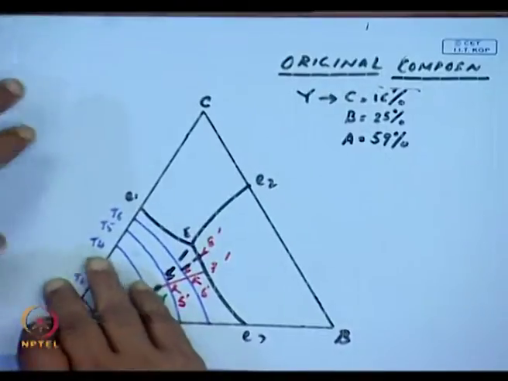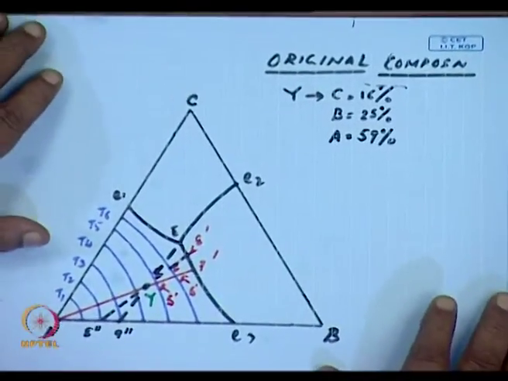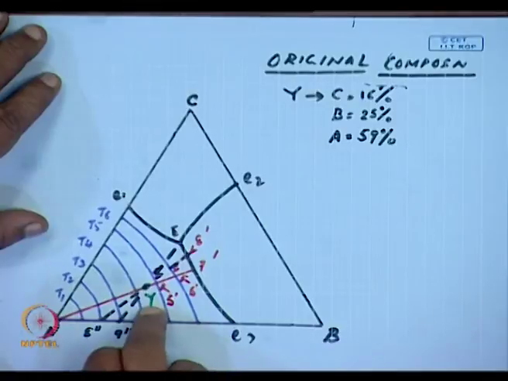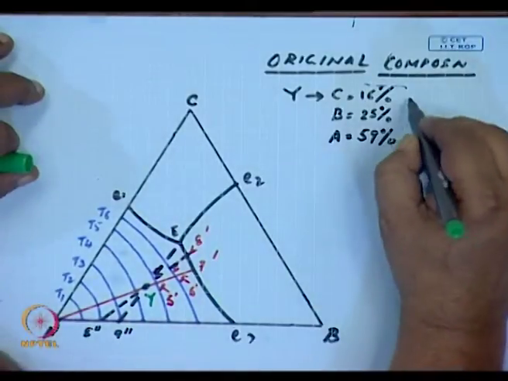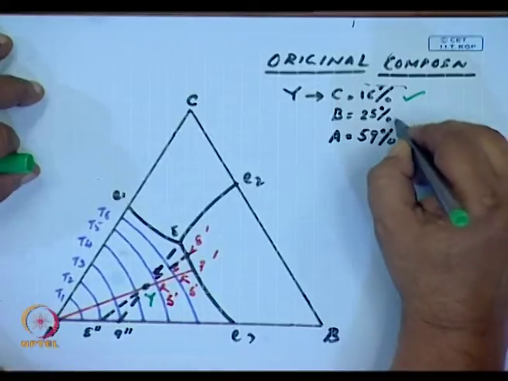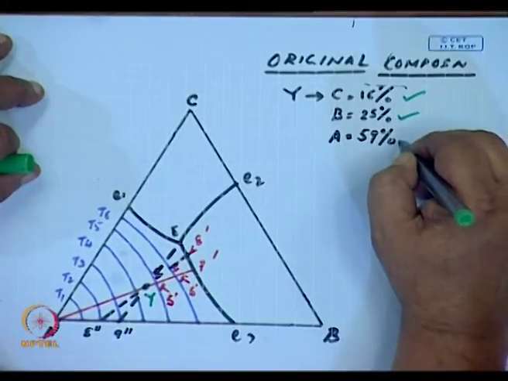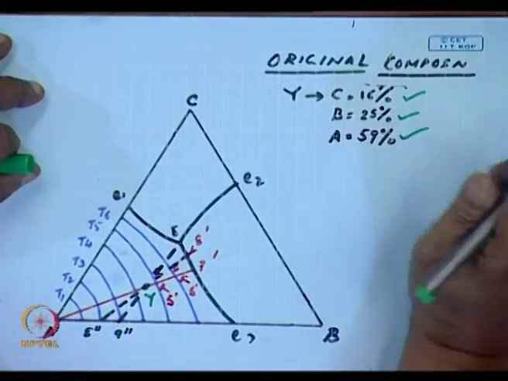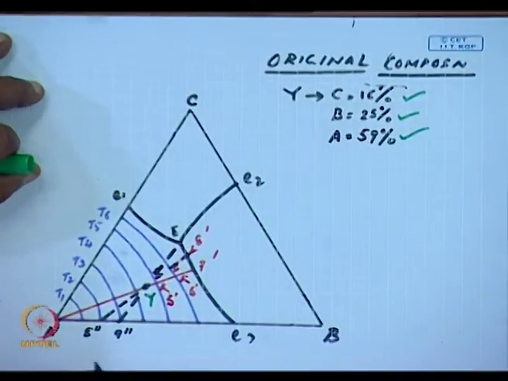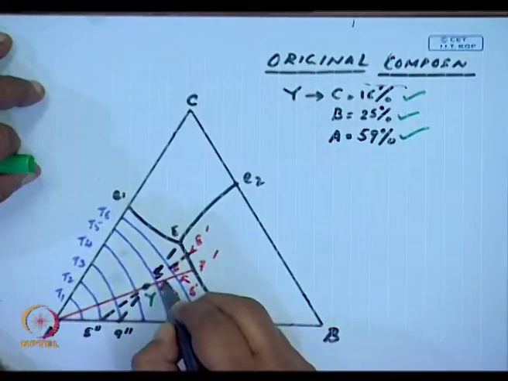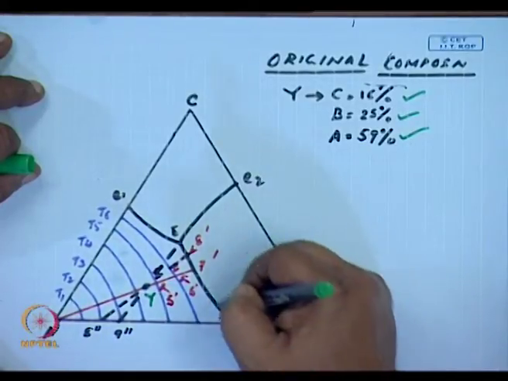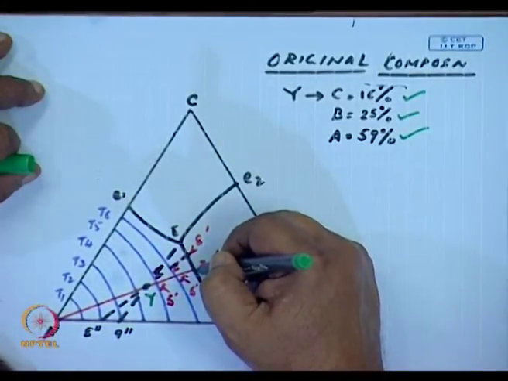Now, this particular point, Y, by the method I had shown, has got 16% C, 25% B, and 59% A. So here I have drawn the line A through Y to this eutectic line E3E.